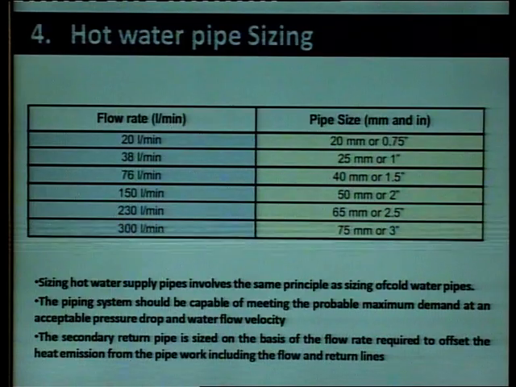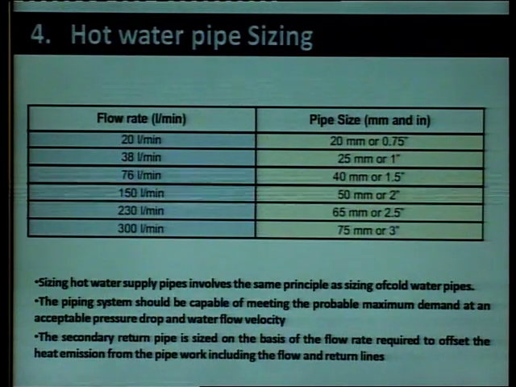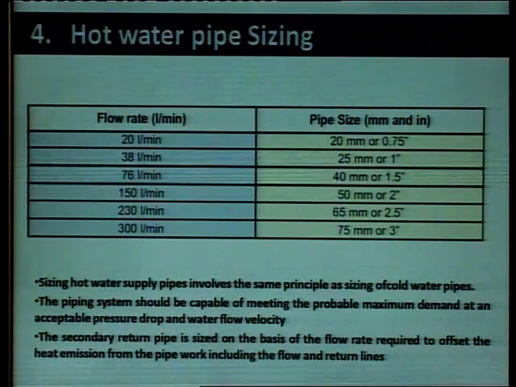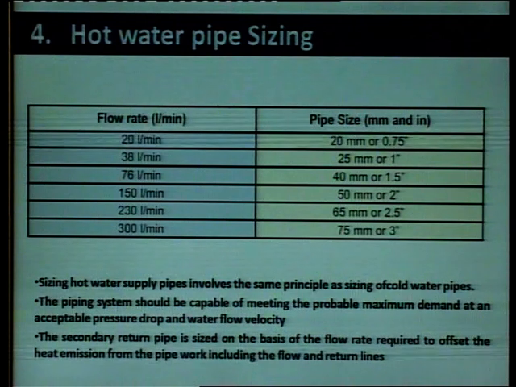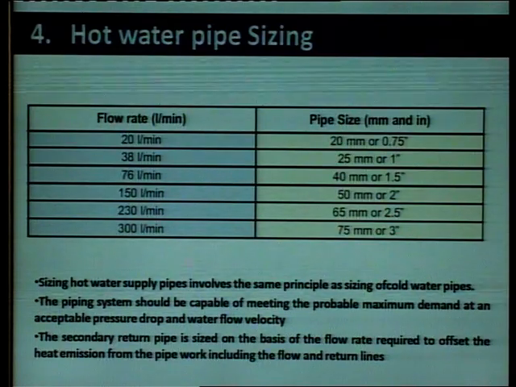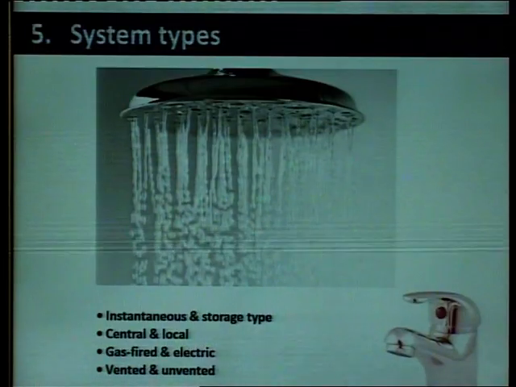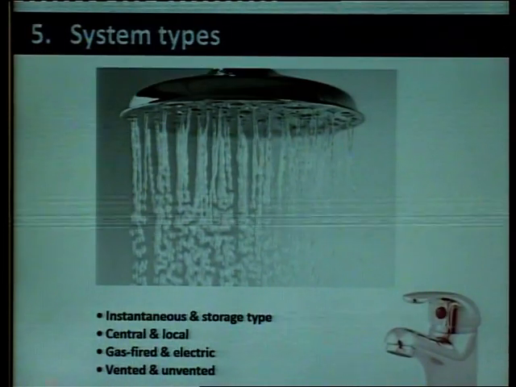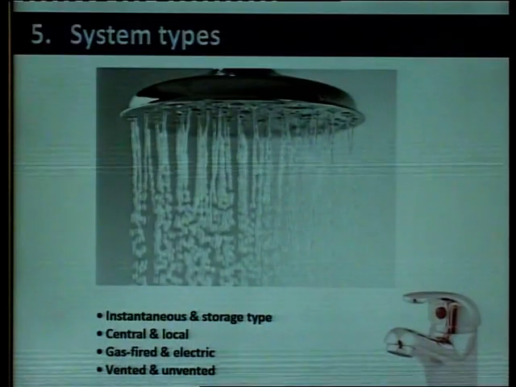These issues are left to the discretion and design of the plumbing engineer or the public health engineer. Still, as an architect we need to know that the minimum size would be about 3/4 of an inch, and the maximum size would be 3 inches, where the flow rate would be very heavy; there we would use 3-inch pipes.